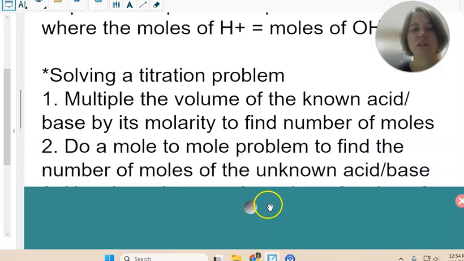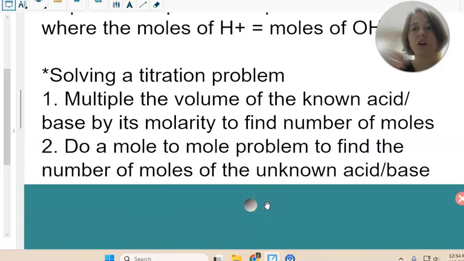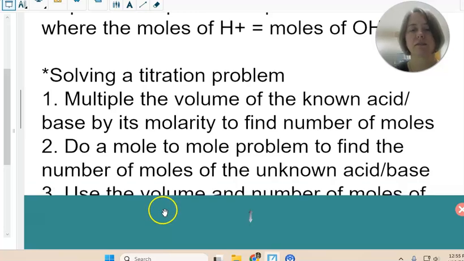And if we know moles of one substance, we can find moles of a second substance because we've been doing that. We did that in Chapter 11, mole to mole problem. So you go from your known acid or base to the unknown acid or base. So do a mole to mole problem to find the number of moles of the unknown acid or base.